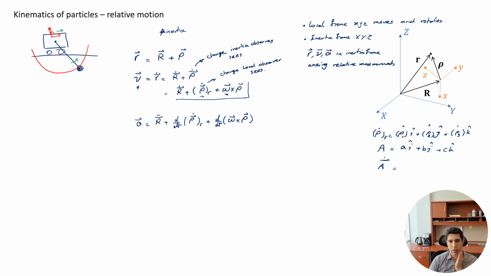And again, I can write it as a dot relative plus omega cross a. And that's what I'm going to do. So this is going to be rho double dot relative plus omega cross rho dot relative.